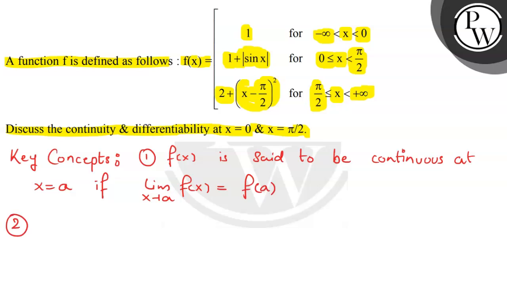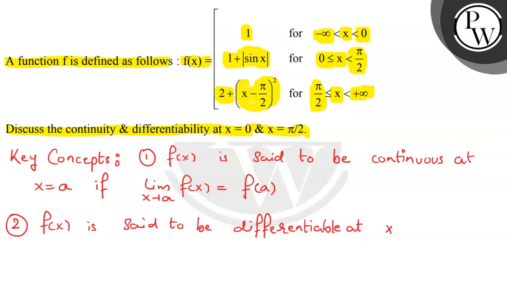And the second key concept is the definition of differentiability of a function at a point, say x equal a. So fx is said to be differentiable at a point, say x equals a, if limit as x goes to a of fx minus fa divided by x minus a exists.